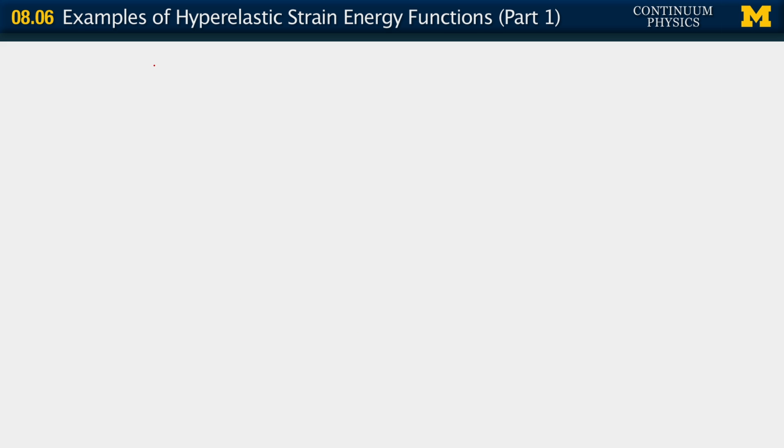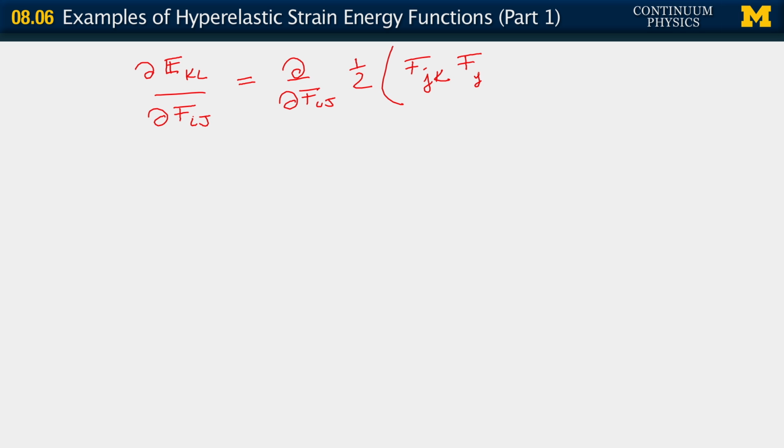With that we see that the derivative of E_KL with respect to F_iJ equals the derivative with respect to F_iJ of 1/2 (F_jK F_jL minus delta_KL).